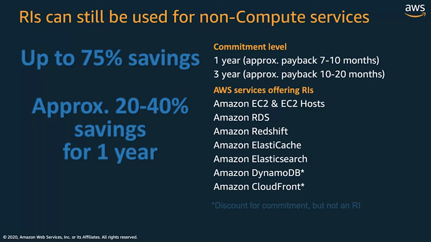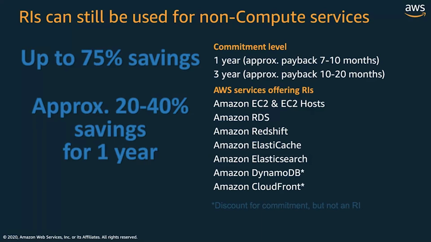So RDS are our relational databases, MySQL, MS SQL, Postgres, etc. Redshift is our data warehousing solution. Elasticache is a Redis-based or Memcached-based caching solution that you typically use as a caching layer in conjunction with RDS.